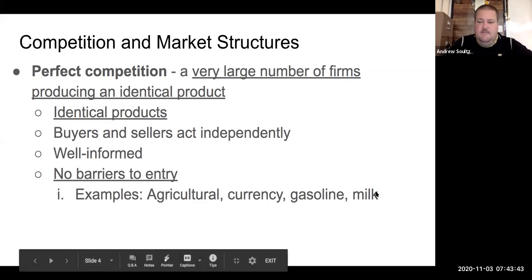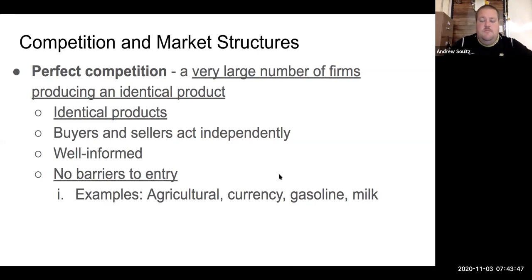Currency, gasoline, milk, those things are all the same, no matter what firm is selling that product. That's the big thing to remember with perfect competition: they're all selling identical products.